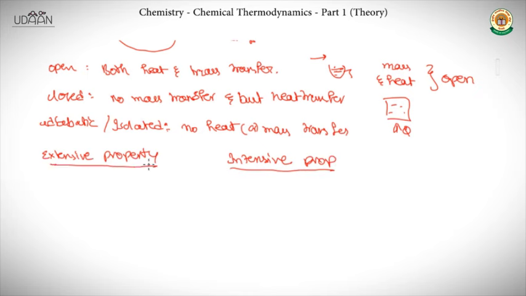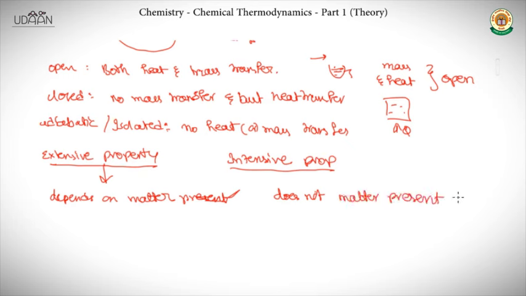An extensive property is something that depends upon the matter or the mass present in it. And what about intensive property? It doesn't depend upon the matter present.